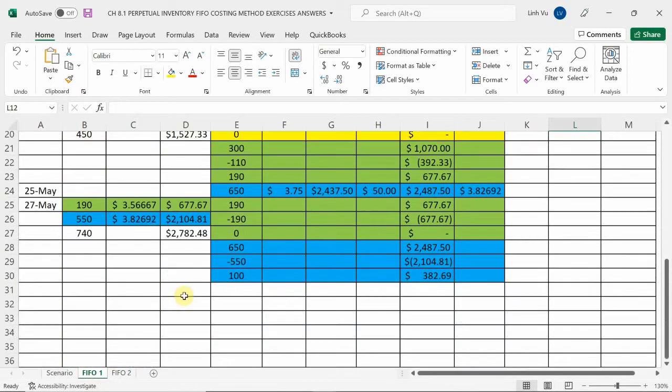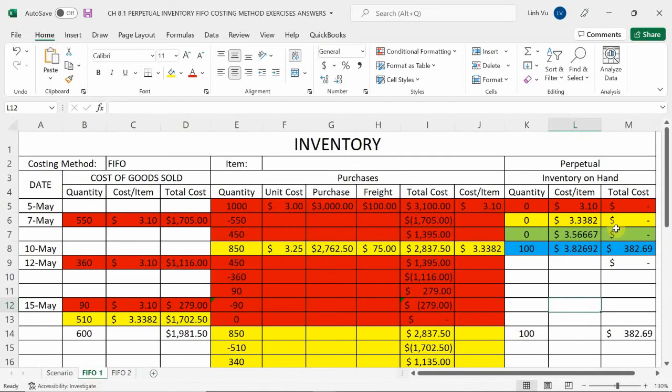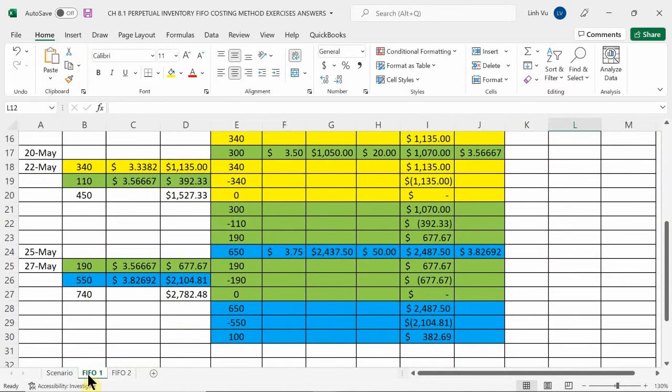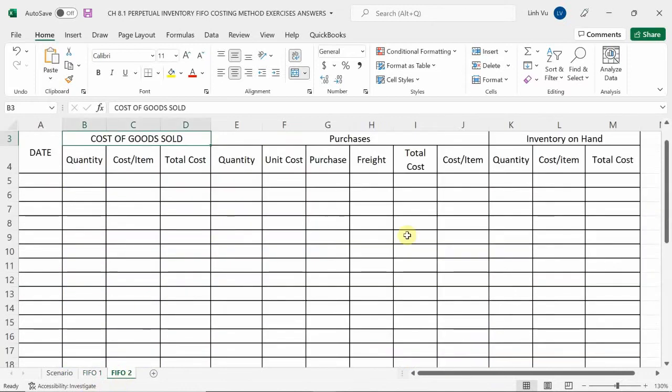That's what happened here. We are left with 100 units costing at $3.82692, which gave us a total of $382.69.